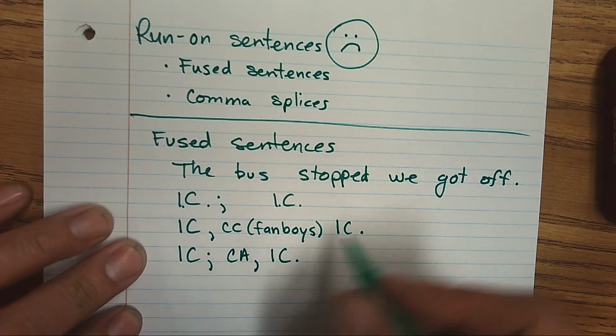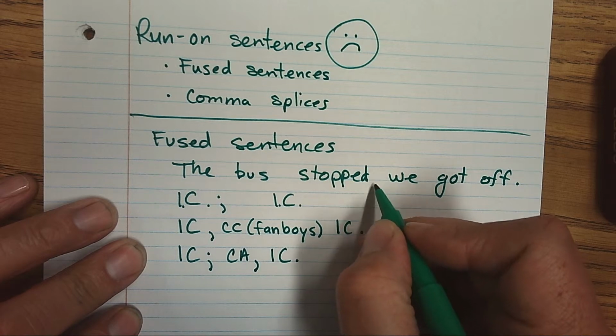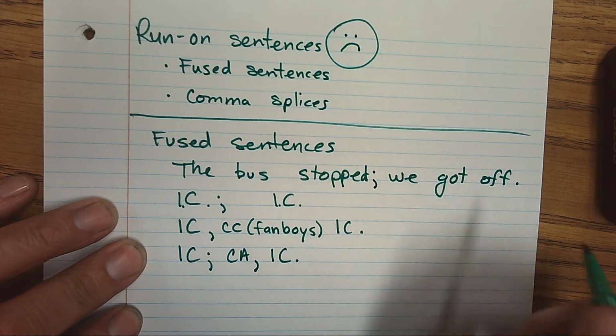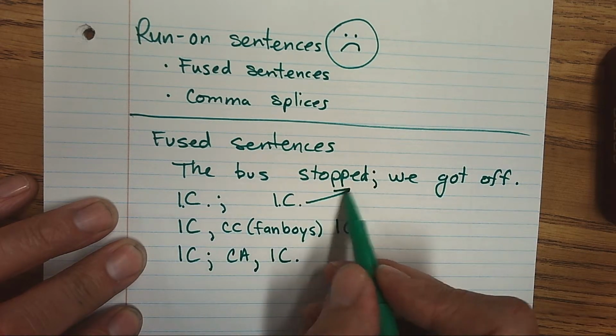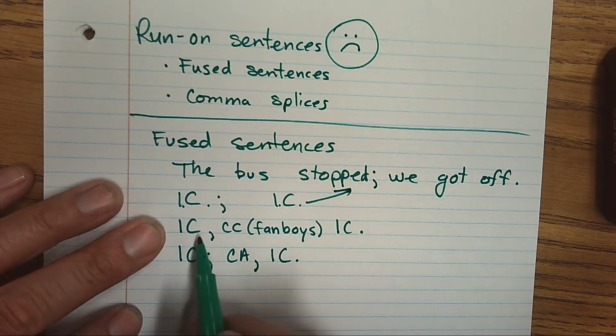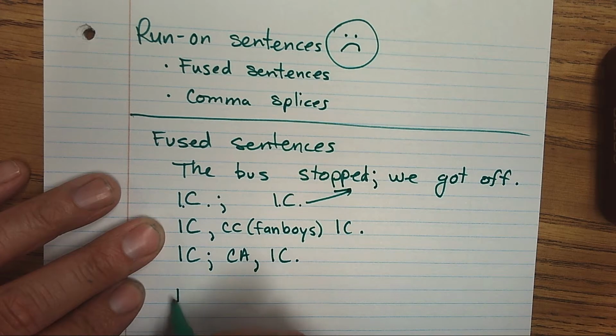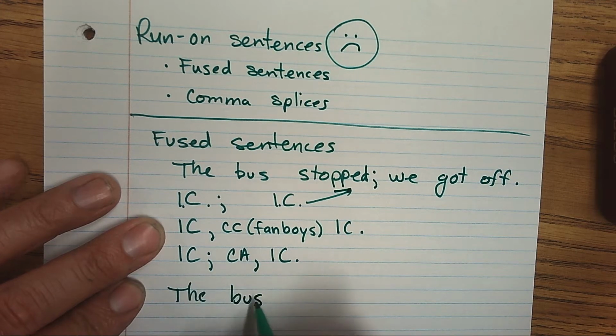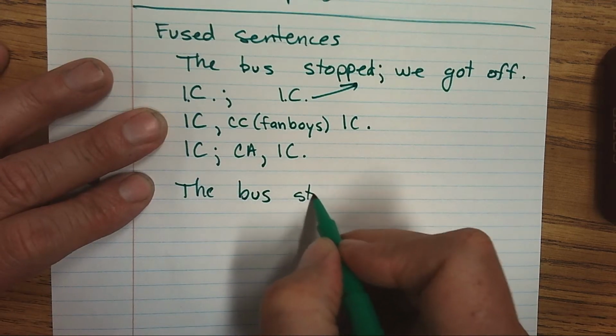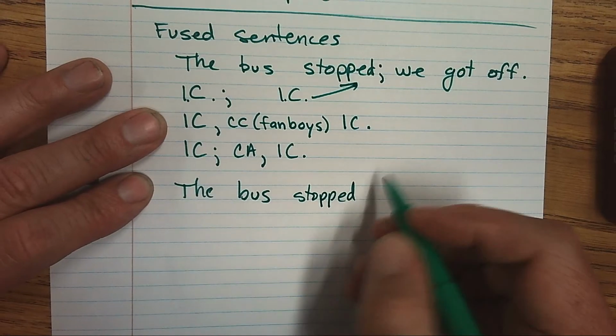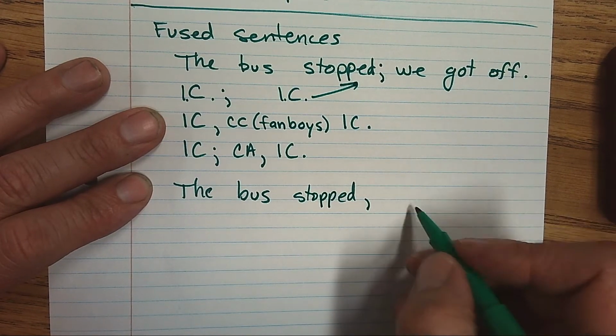So let's look at these things. If we wanted to, we could simply put a semicolon right here, and that's this way. If we wanted to use a comma conjunction, we would just put: the bus stopped, comma, blank, we got off.